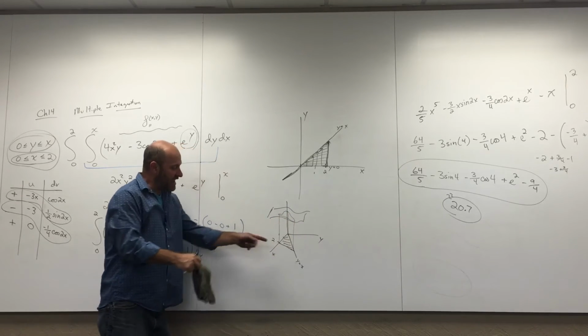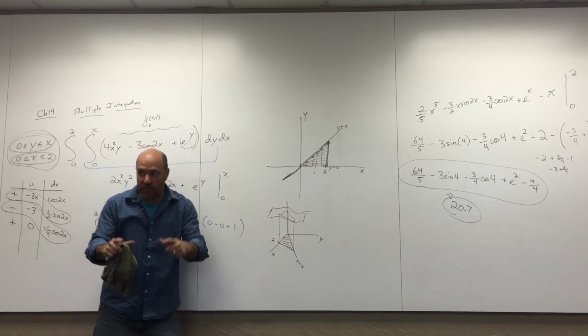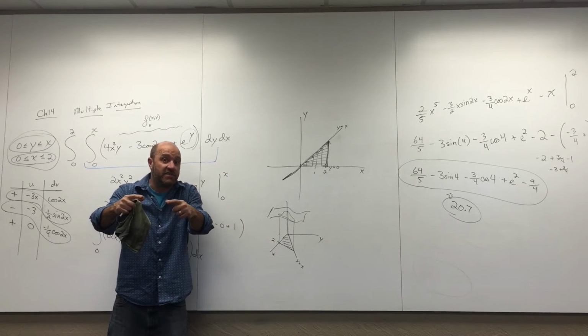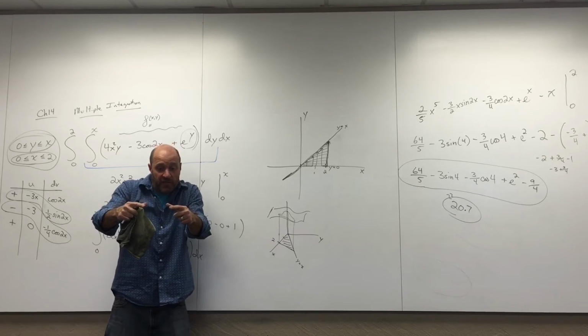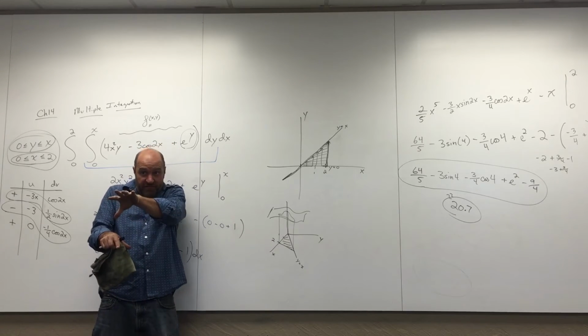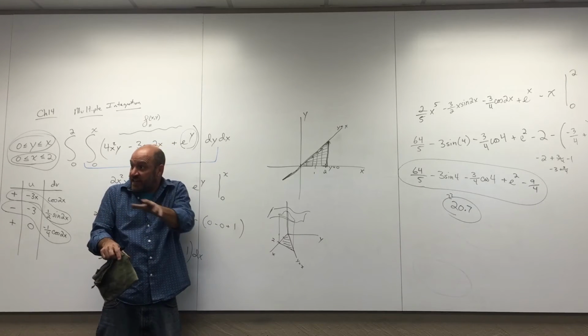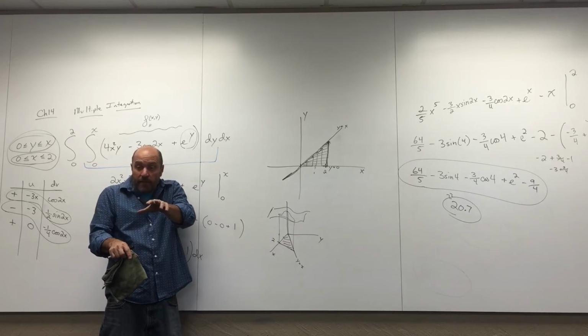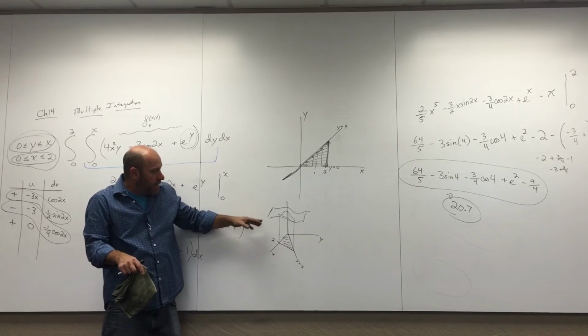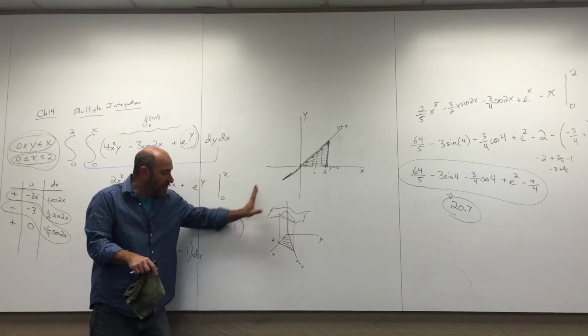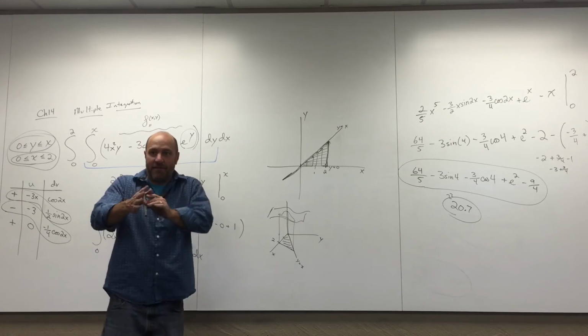You know, it's cool. It's got this triangular base, and it's really got these triangular sides until it hits the surface, and then it's got this weird ceiling. You could call the surface the ceiling of this thing. But everything's nice and straight up until it hits that surface.